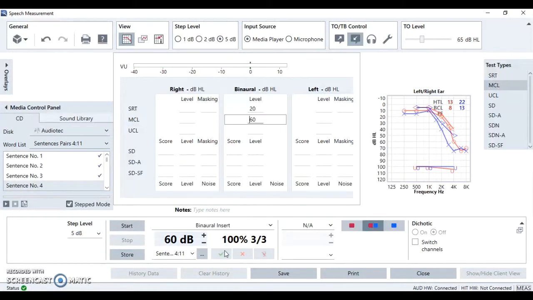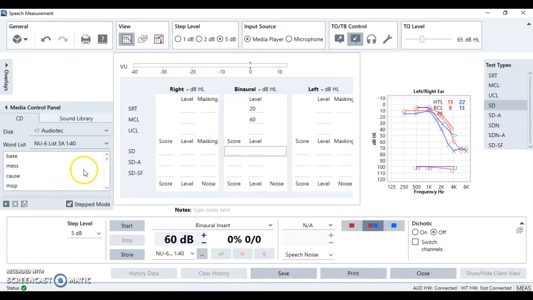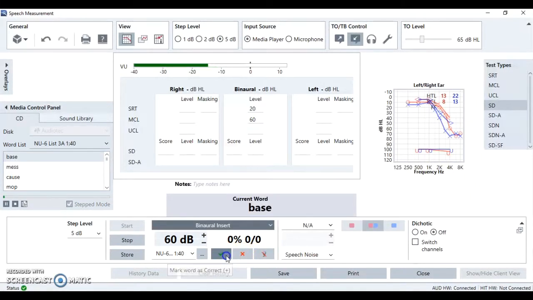Then we go to speech understanding. We play single syllable words, and we measure them at a comfortable level, and we see how many you get correct.